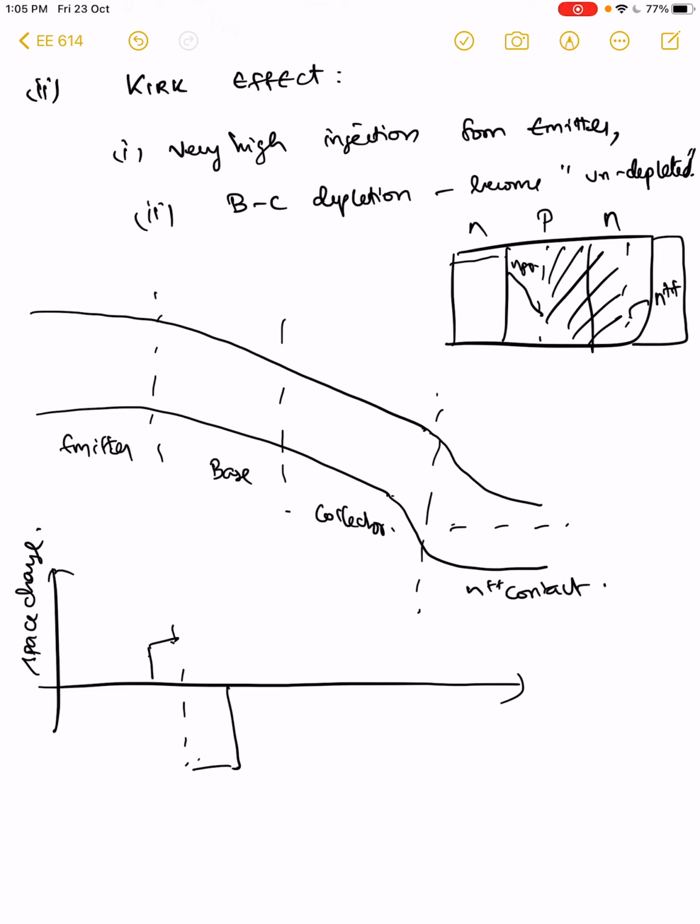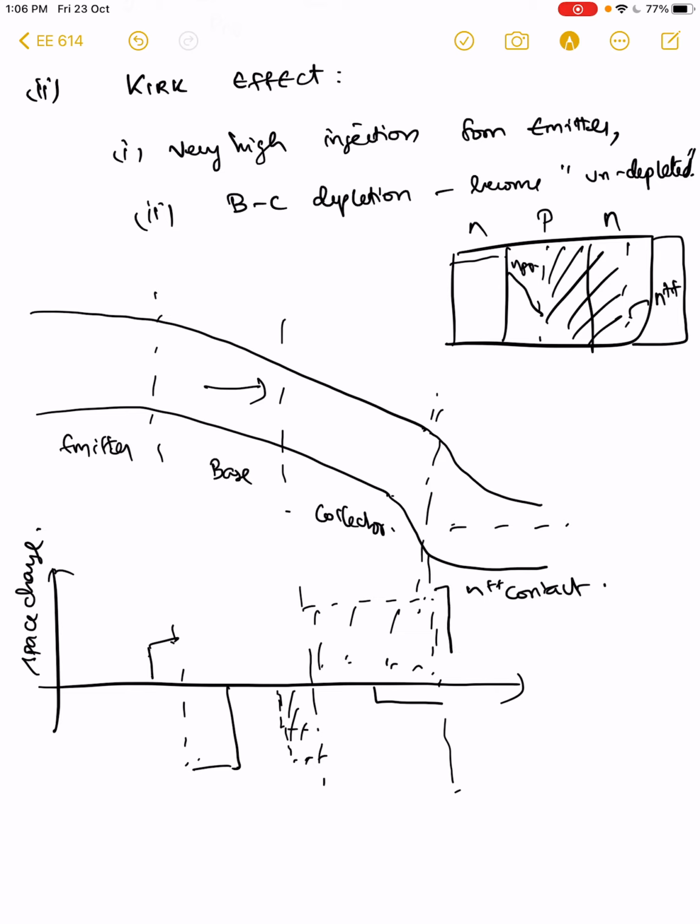This is P, will start to have negative charge. And instead of actually having the depletion width here, this is the ideal situation when you have very low injection. But instead, because you have so much charge injection here, the depletion width moves away from the base collector junction, and you form the actual depletion width here in the n plus plus junction.